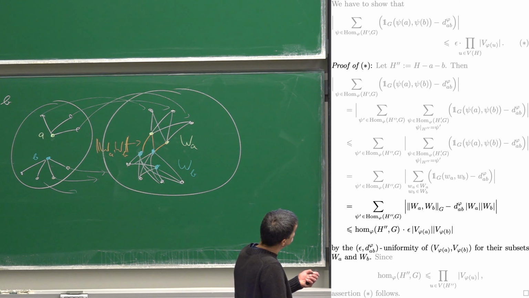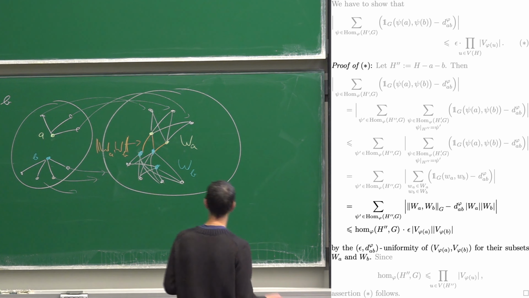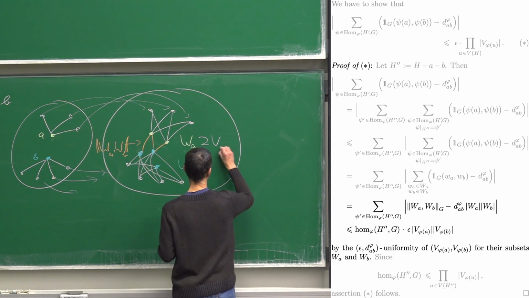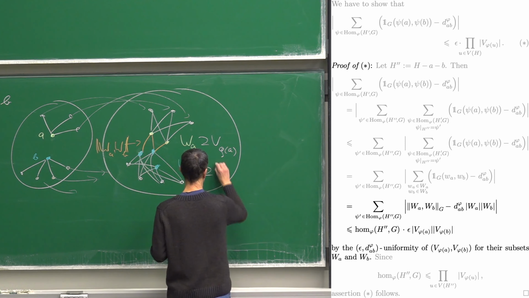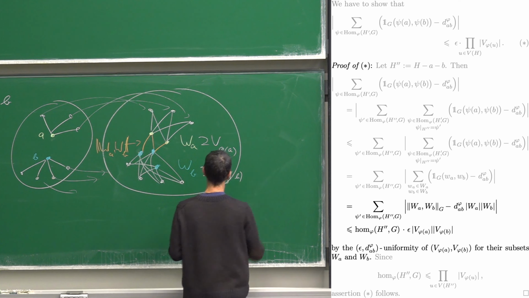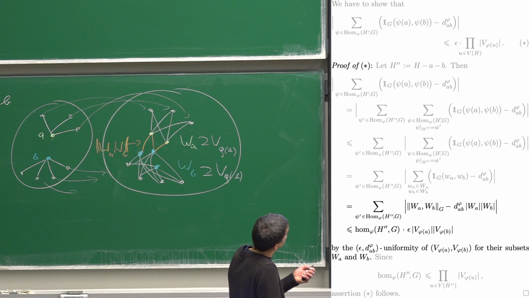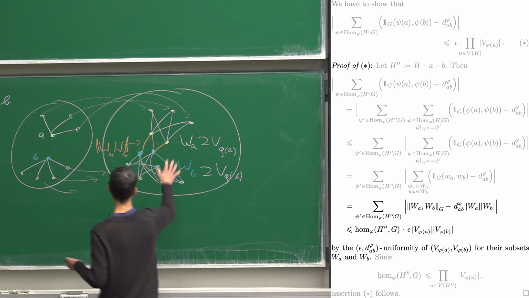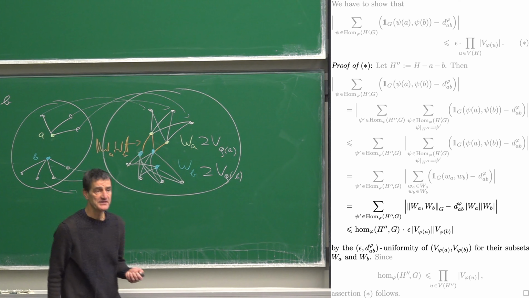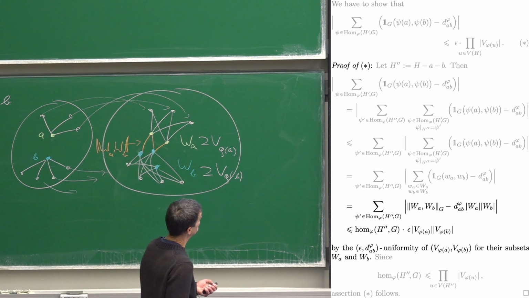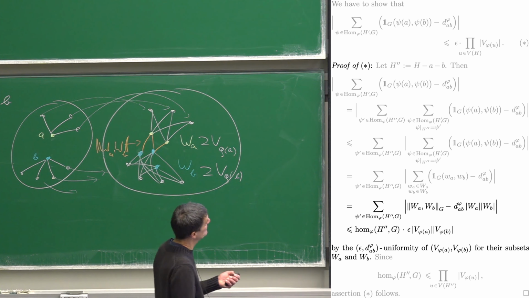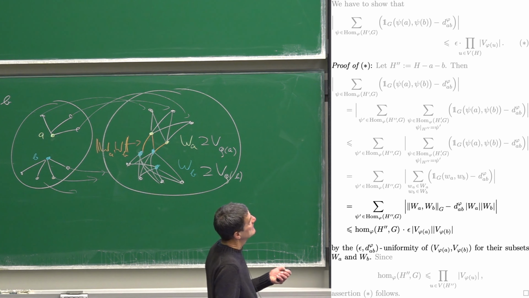And now we use the epsilon uniformity of this pair of classes, V phi of A and V phi of B, which estimates precisely how much the number of edges between these two sets here differs from the potential number, the order of WA times the order of WB, weighted with the factor d phi AB.